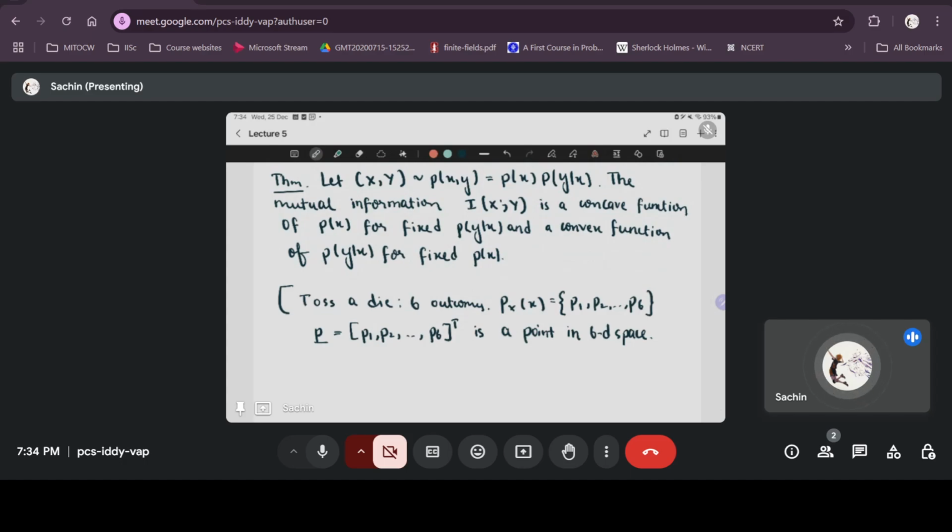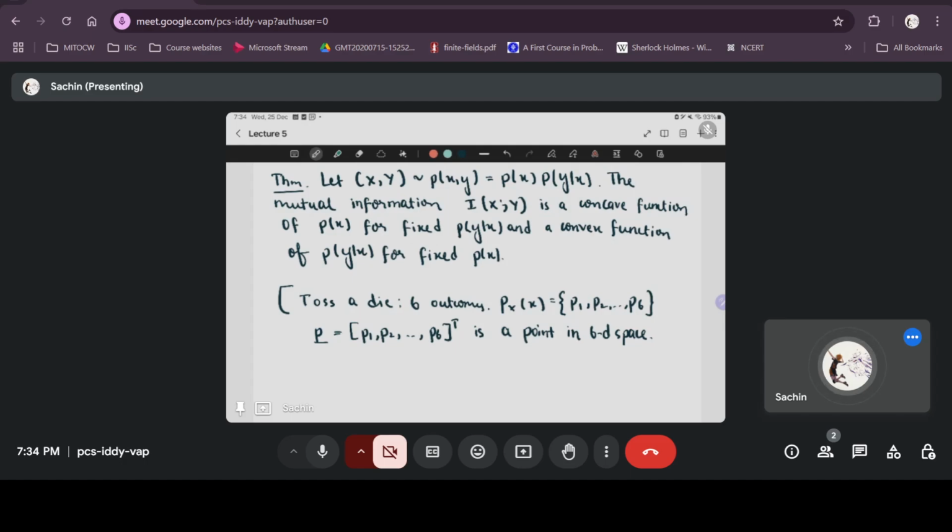Of course, there is a constraint that all the values of P are non-negative and the summation of Pi is 1. So there will be kind of a hyperplane that satisfies that equation, that P1 greater than or equal to 0, P2 greater than or equal to 0, etc., and P1 plus P2, etc. plus P6 is one that gives you a plane, and if you pick a particular point, that will fix your probability distribution.